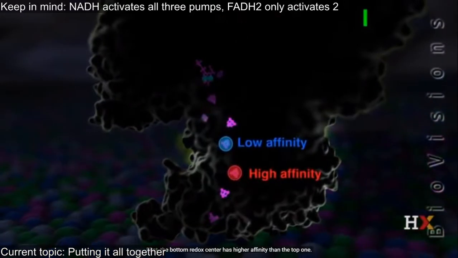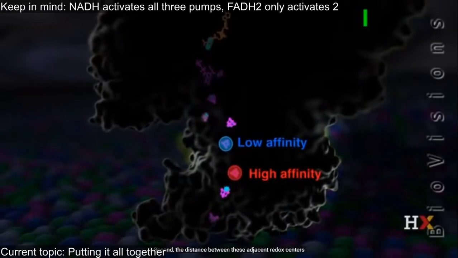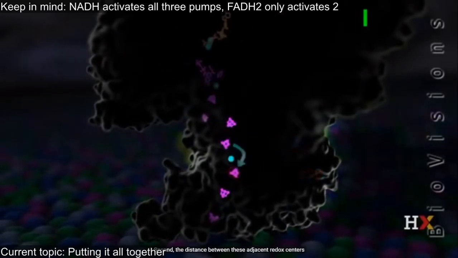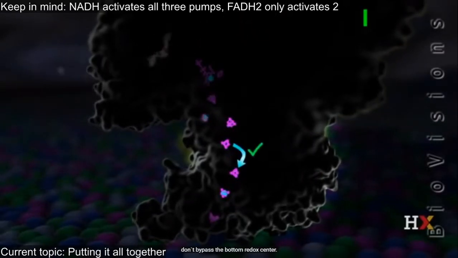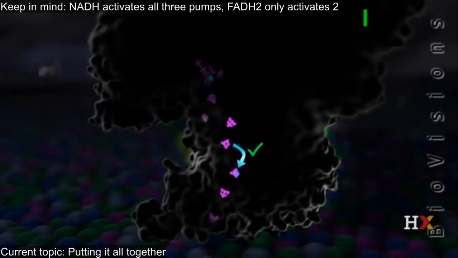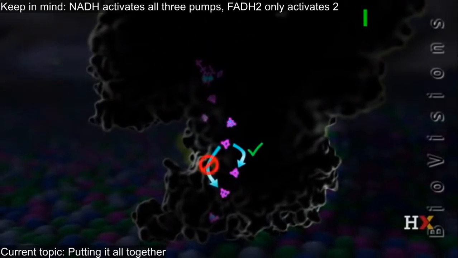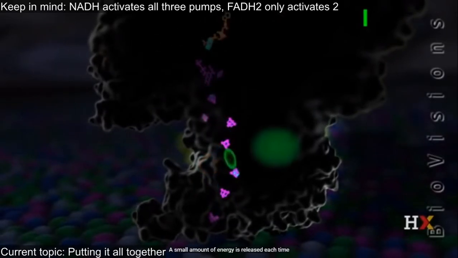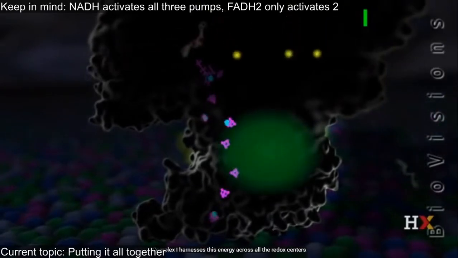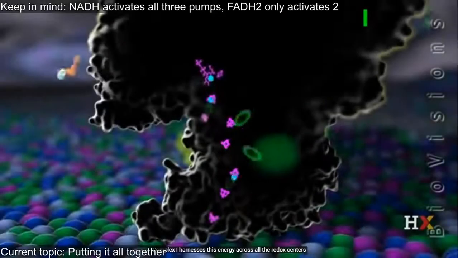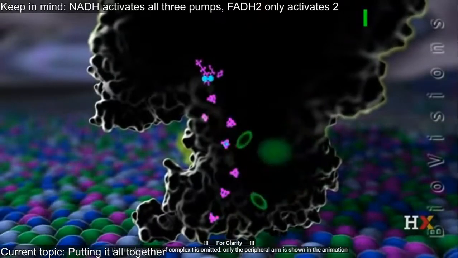First, the bottom redox center has higher affinity than the top one. Second, the distance between these adjacent redox centers is ideal for an electron jump to occur, which explains why electrons typically don't bypass the bottom redox center. A small amount of energy is released each time an electron is passed between redox centers. Complex 1 harnesses this energy across all the redox centers and uses it to pump protons.